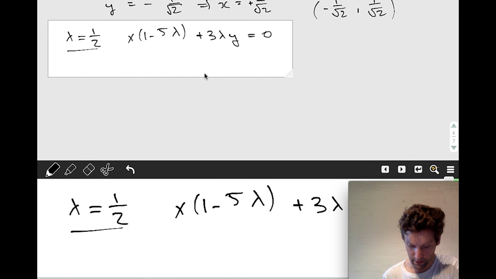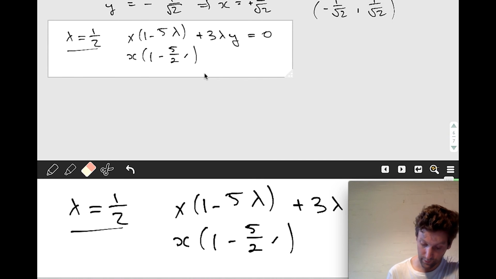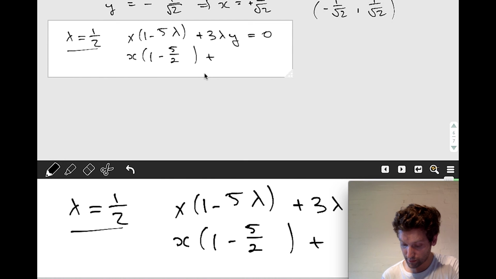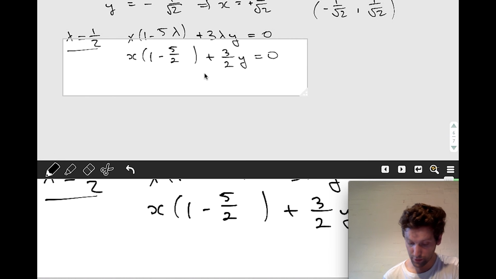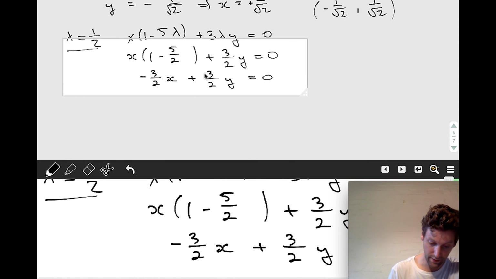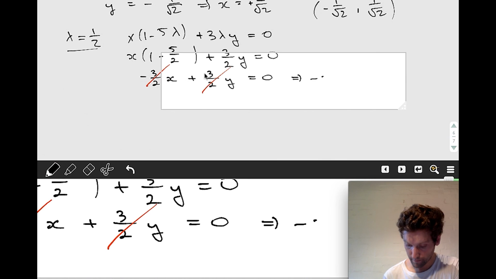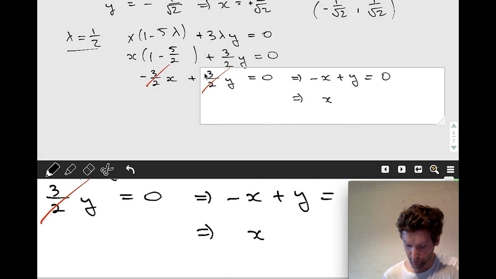So substituting in lambda is equal to a half, we get x times 1 minus 5 over 2, plus 3 over 2 y is equal to 0. 1 minus 5 over 2 is minus 3 over 2. I can cancel those factors of 3 over 2 to give me minus x plus y is equal to 0, which means that x is equal to y.